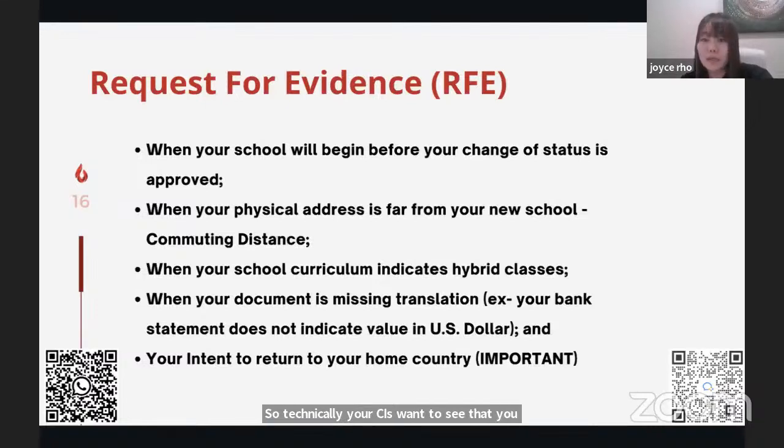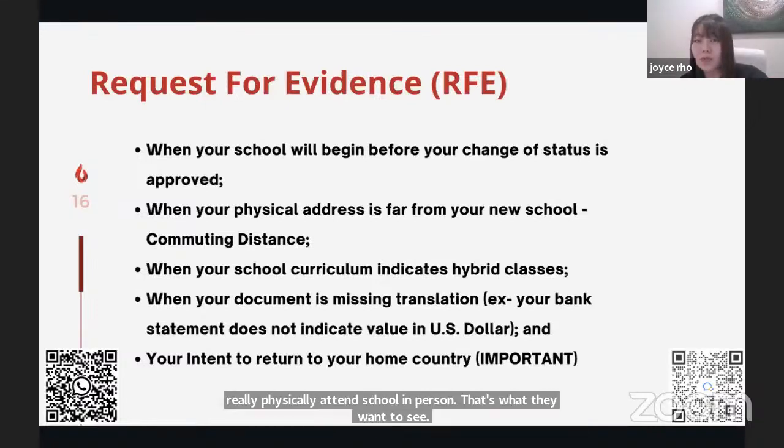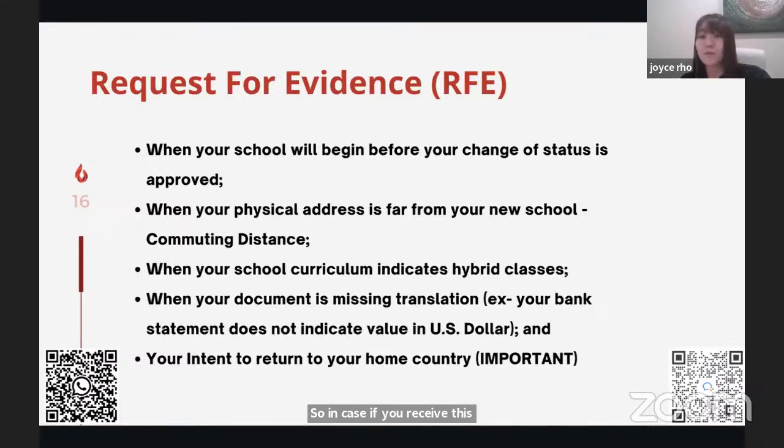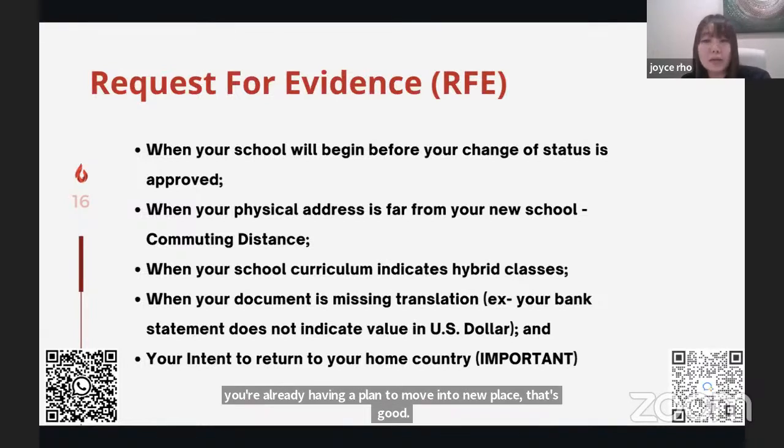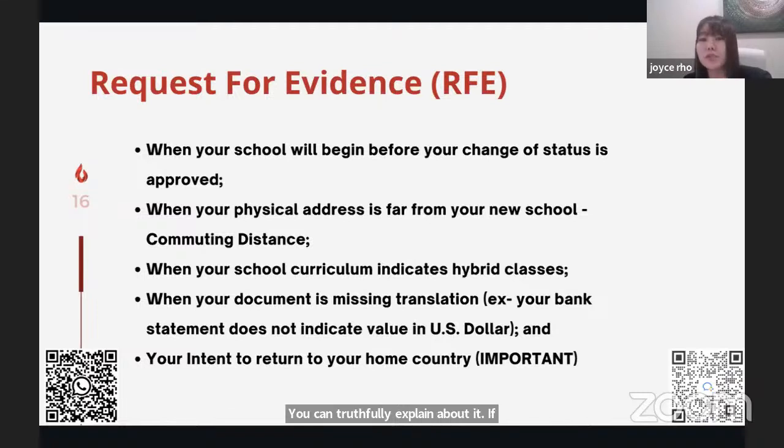So in case you receive this kind of RFE request, if you're already planning to move to a new place, that's good. You can truthfully explain about it. If it hasn't happened yet, but you were able to secure a lease agreement for a new apartment, submitting a copy of the lease agreement would be great evidence to answer this question.